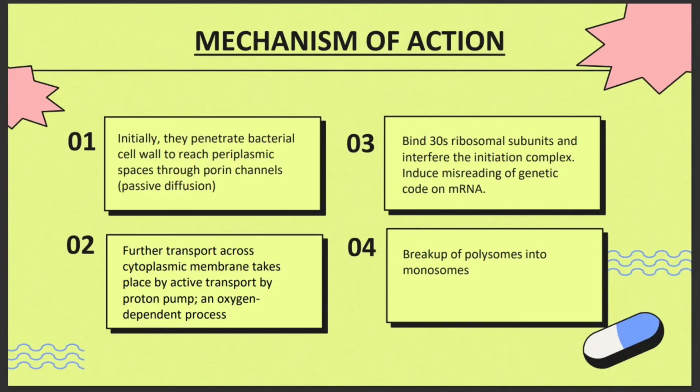Next, they bind 30S ribosomal subunits and interfere with the initiation complex, induce misreading of the genetic code on mRNA, and lastly, cause breakup of polysomes into monosomes. So again, an aminoglycoside binds to a bacterial 30S ribosomal subunit, inhibiting it, leading to decreased protein synthesis.